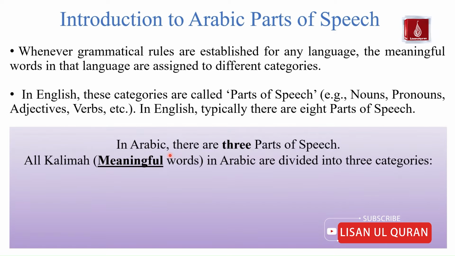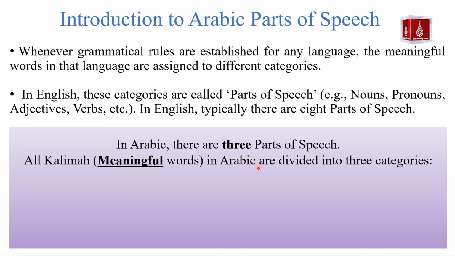In Arabic, there are a total of 3 parts of speech. All kalima or meaningful words in Arabic are divided into 3 categories. These are ism, fi'l, and harf.